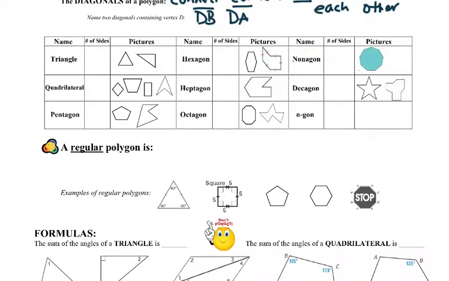And I am sure that you've heard these words before. How many sides does a triangle have? You are right, 3. How many sides does a quadrilateral have? You are right, 4. By the way, everyone thinks that a quadrilateral is automatically a square.